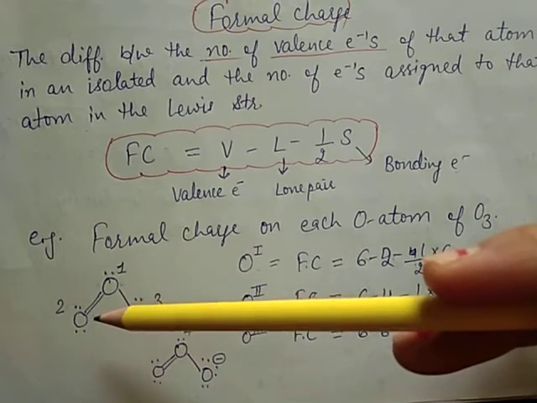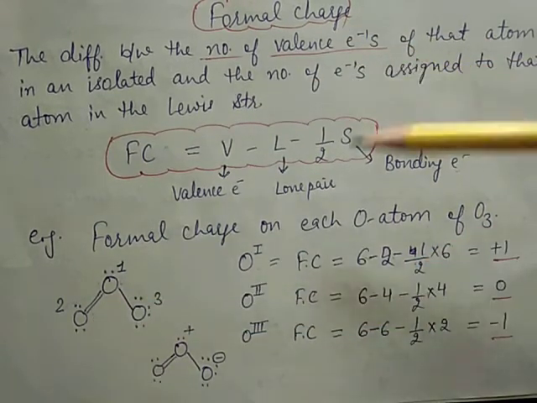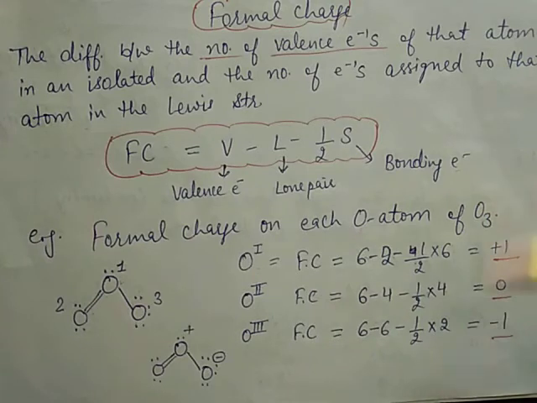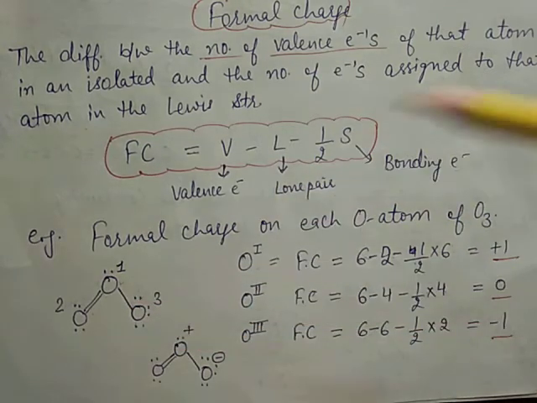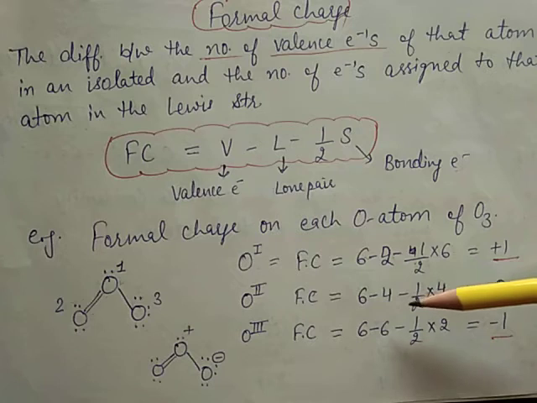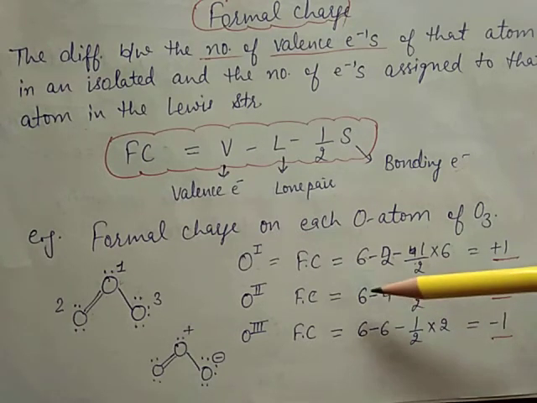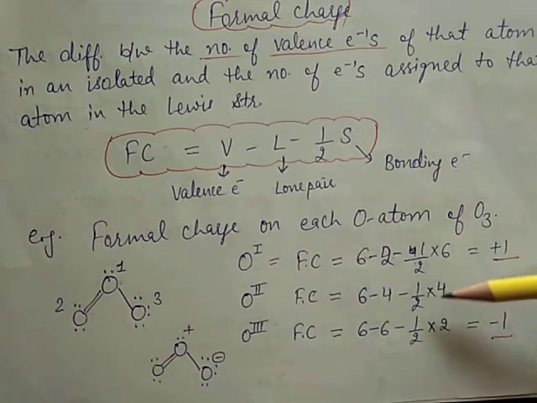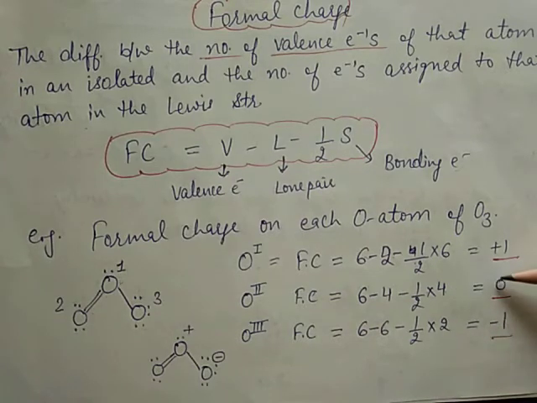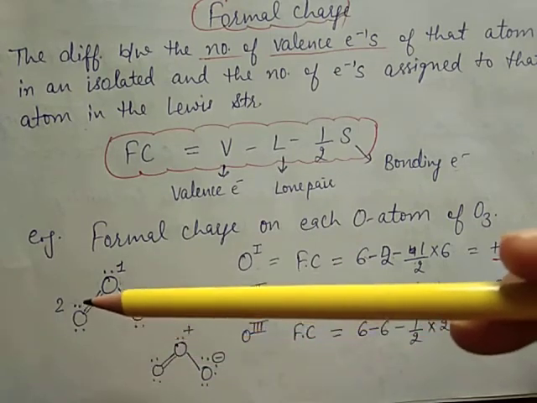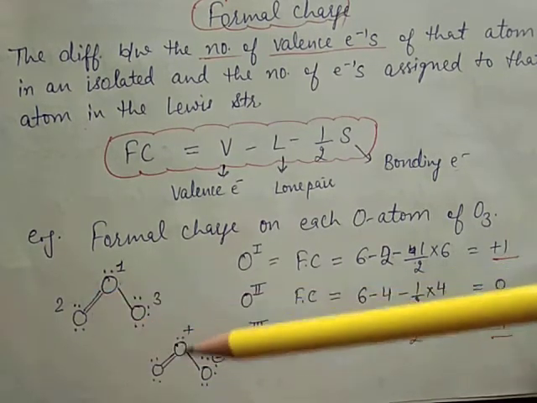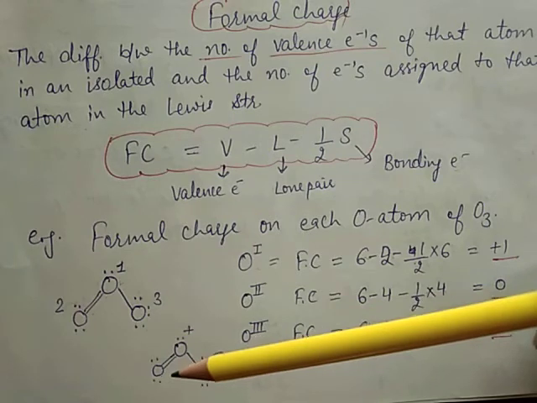So how many electrons? 2 twos are 4. 4 electrons, because one bond contains 2 electrons. So here 2 bonds are present, so it will contain 4 electrons. So 6 minus 4 minus 2. 6 minus 6 is equal to 0. This atom is neutral. The oxygen atom has 0 charge, which means neutral. It means there is no charge.